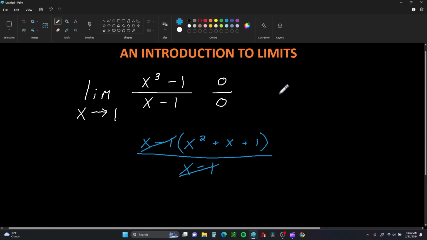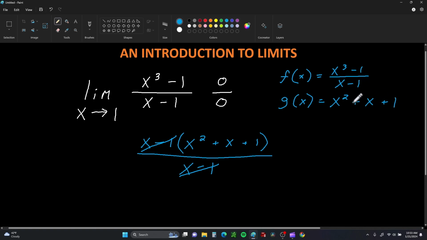So we have one function, we'll call that f of x, which is x cubed minus 1 over x minus 1. And the other function, we'll call it g of x, is x squared plus 1x plus 1.